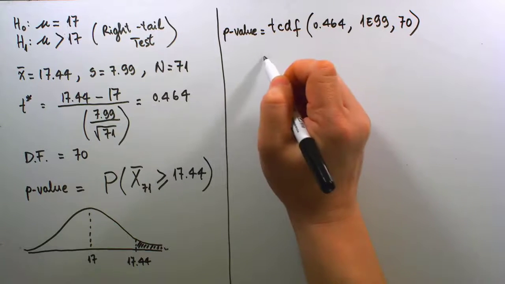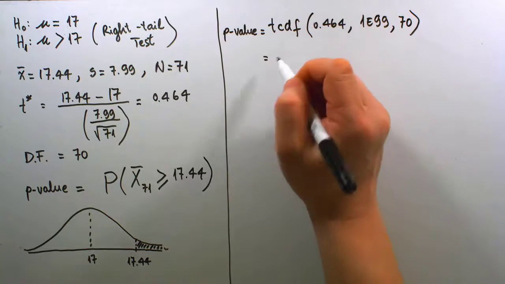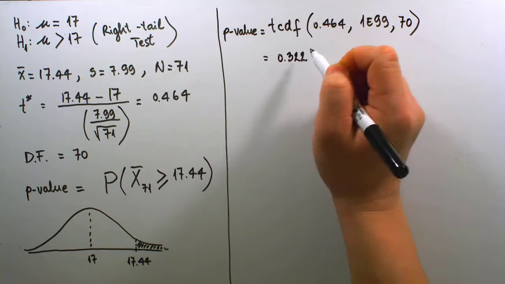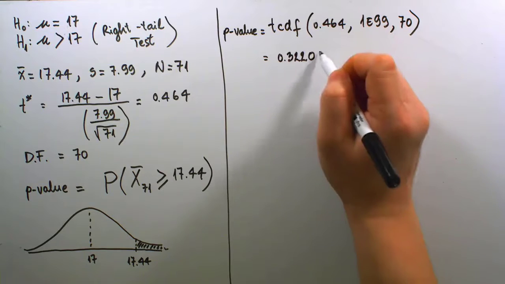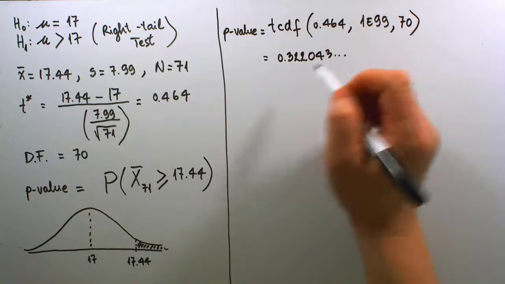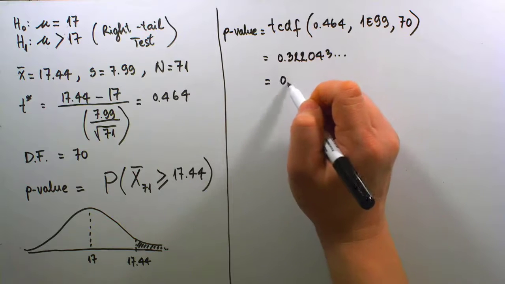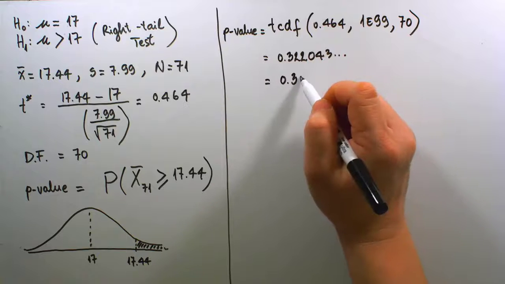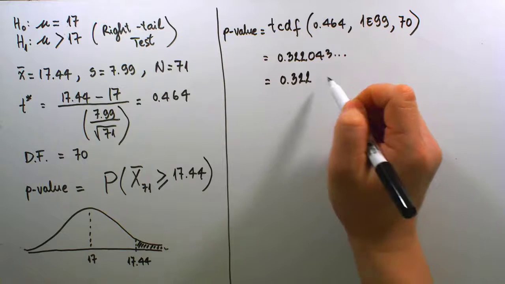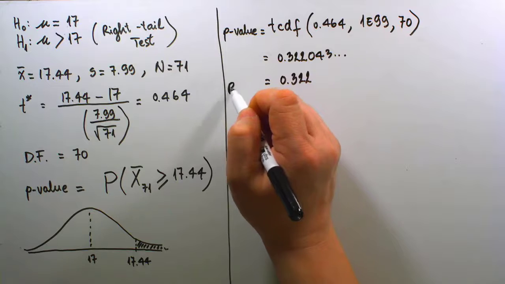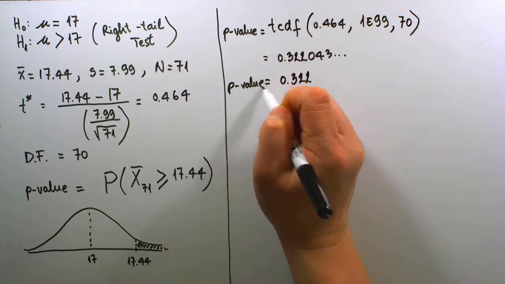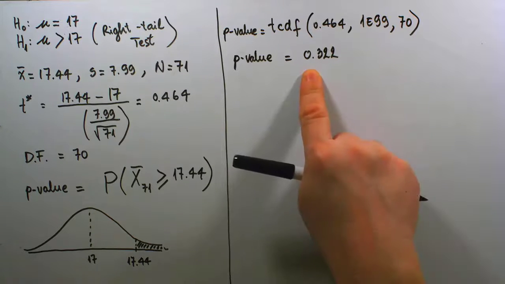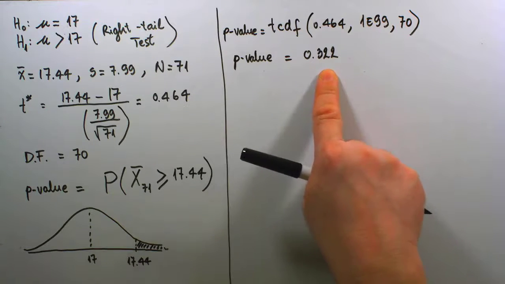So we saw that on the computer screen being 0.322043, and a lot longer. But just as usual, I am going to round the final p-value to 4 decimals, which in this case forces us down to only 3 decimals. So p-value equals 0.322.